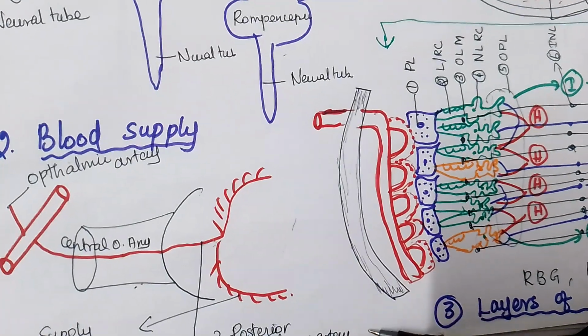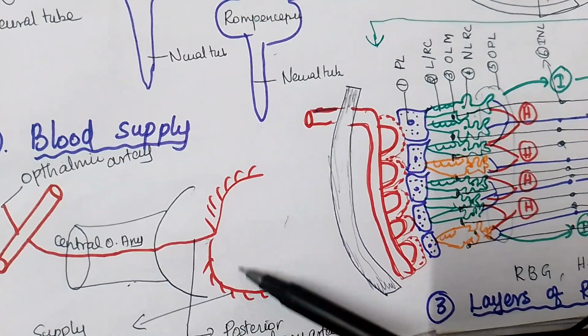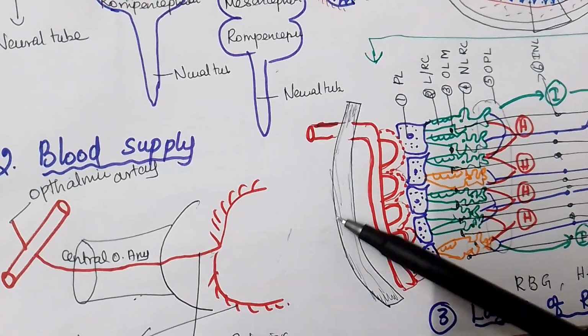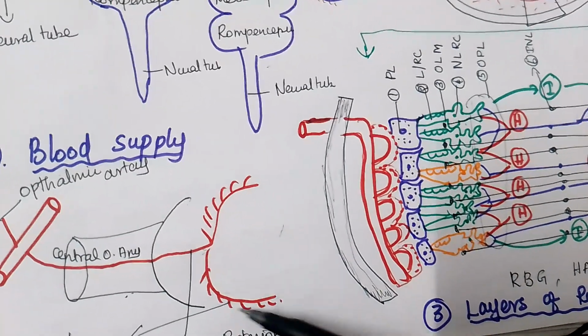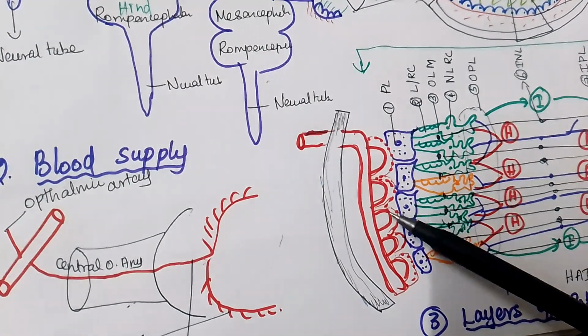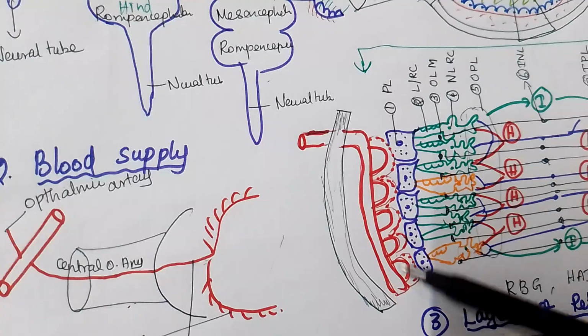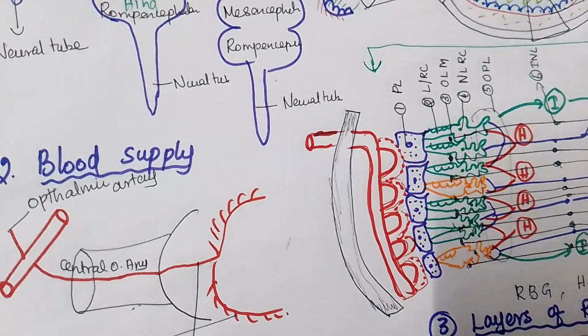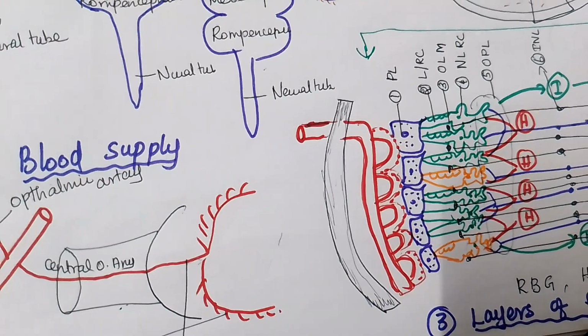Now we are seeing this artery, and this is the sclera. When we see the layers, the posterior part, this artery is shown in an enlarged manner. It is mainly supplying blood to the pigmented layer of the retina.